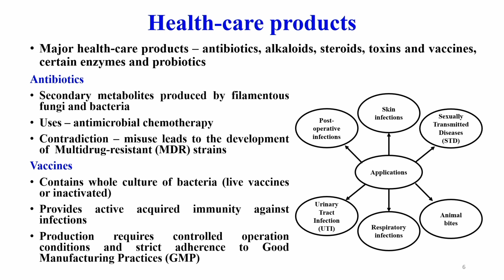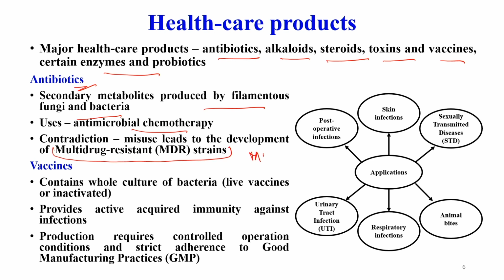So, in healthcare we are going to quickly see these antibiotics, alkaloids, steroids, toxins, vaccines, certain enzymes and probiotics. Antibiotics are secondary metabolites produced by filamentous fungi and bacteria, used as antimicrobial chemotherapy, but prolonged use of antibiotics results in the development of multi-drug resistance.